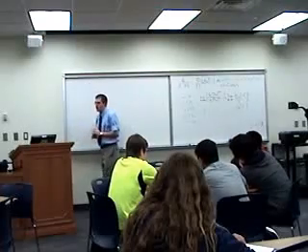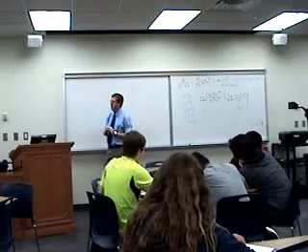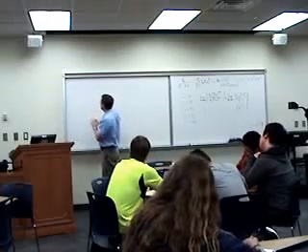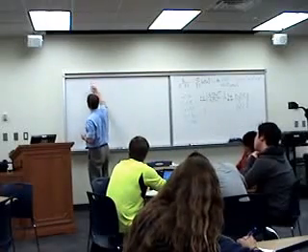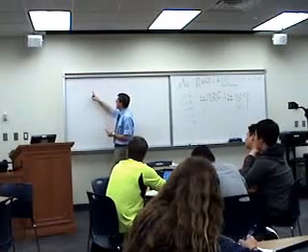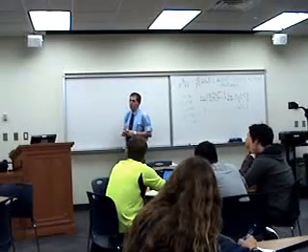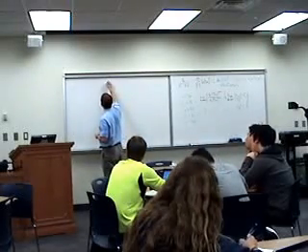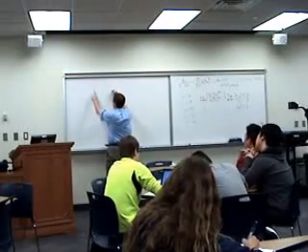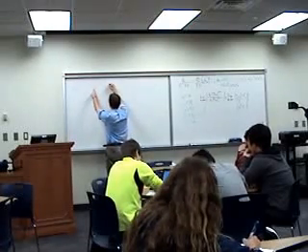We want it to be something minus something, and we want the x to be over here, and we want a constant over there. I'm going to rewrite this as 1 plus 3x squared. How could I get this to be 1 minus something? I make this a negative 3x squared.